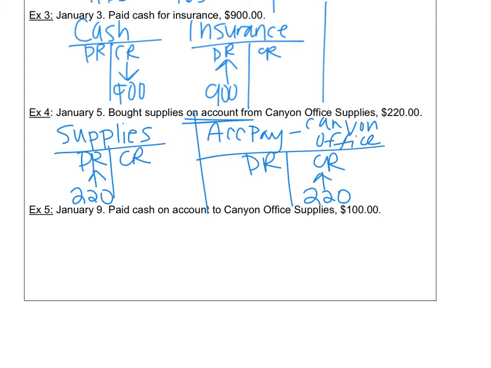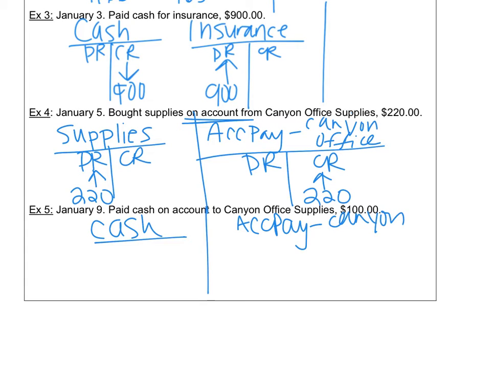All right, last example. On January 9th, we paid cash on account to Canyon Office Supplies. So my cash is going to be affected because I'm paying what I owe to Canyon Office Supplies. And then accounts payable - Canyon Office Supplies is going to be affected.